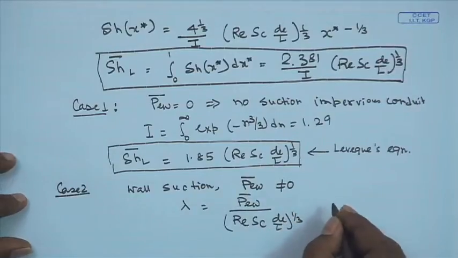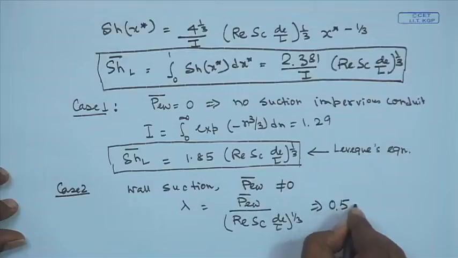For a typical membrane system, for microfiltration, Pw bar will be quite high, so we will be having a high value of lambda. In case of reverse osmosis, Pw bar will be quite low, so we will be getting a low value of lambda, and typically this lambda varies from 0.5 to 10.